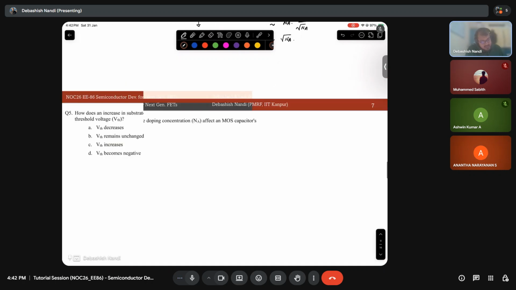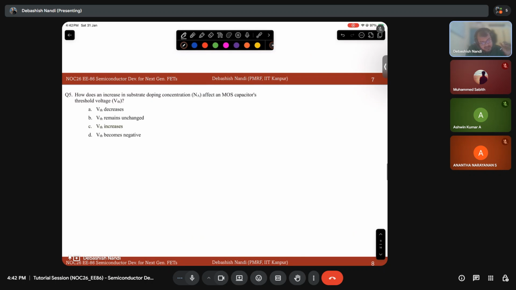Then next is, how does increase in substrate doping concentration affect MOS capacitor? I think we have done this question yesterday. So VTH increases, right? Yes, sir. VTH is equal to VFB plus 2 phi F plus gamma square root of 2 phi F. So gamma is square root of 2 Q epsilon S NA divided by Cox dash, right?